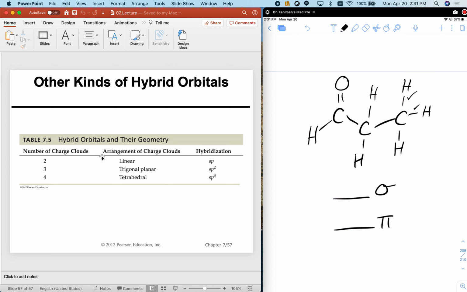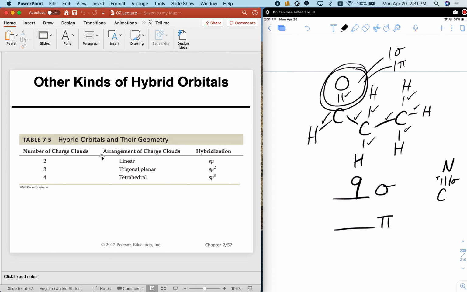So 1, 2, 3, 4, 5, 6, 7, 8, 9. And then pi will be going back to all the multiple bonds and then adding one of those. So this double bond has 1 sigma, 1 pi. If it's a triple bond, then it's a sigma and 2 pi's. So that would be 9 sigma, 1 pi.